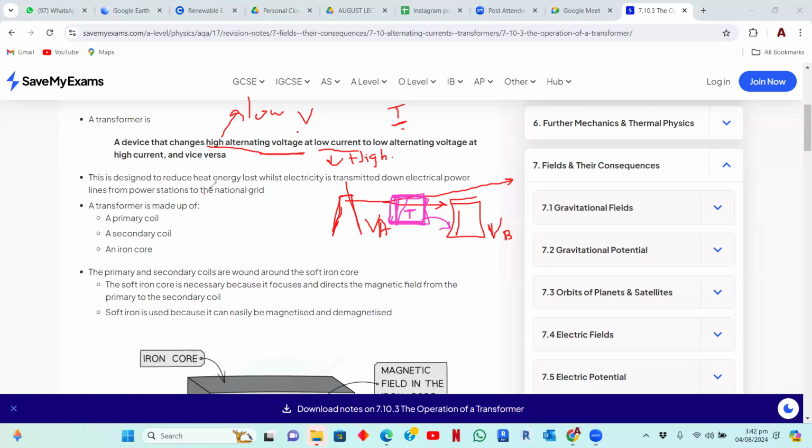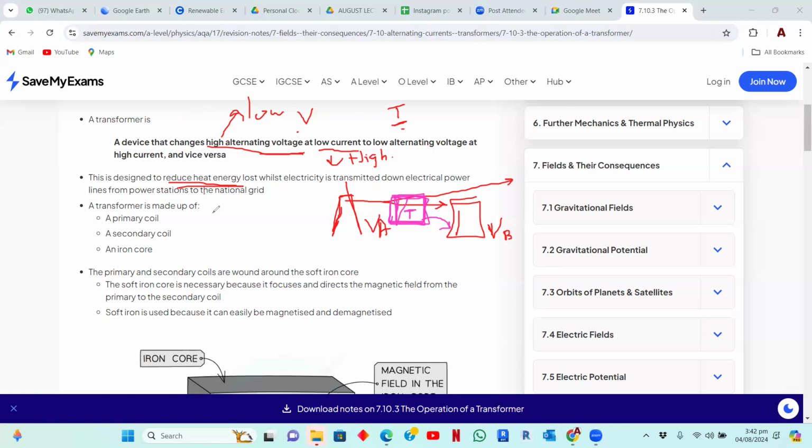So we use transformers to align these supplies and to reduce the losses of heat energy. This is one advantage of using transformers, apart from the other advantages, like supplying a very accurate rating of power that's required. The reduction in power losses is another advantage of using transformers.